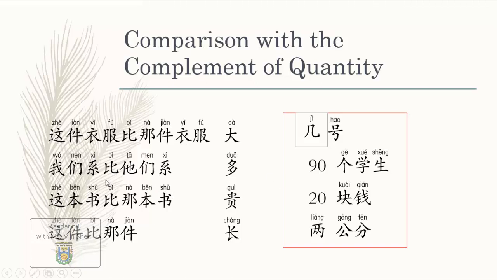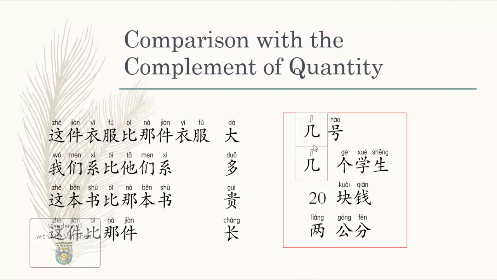Same as the rest. Our faculty has 90 students more than their faculty. Because we want to know how many more, the 90 is something we don't know, and we want to look for the information about this number.